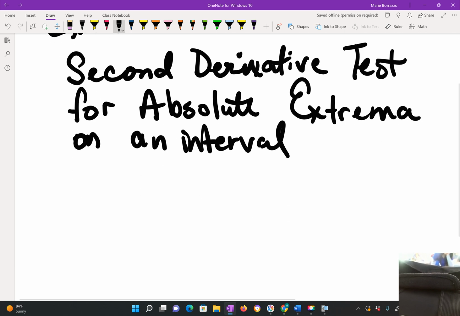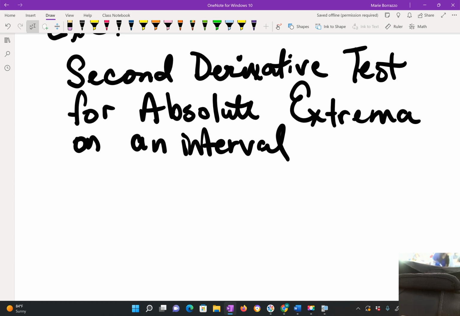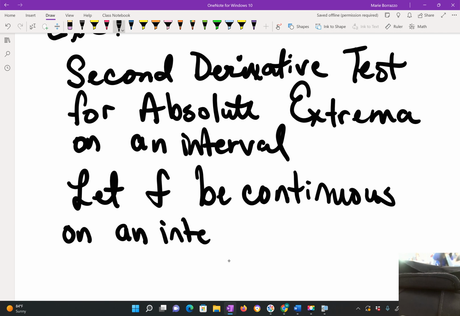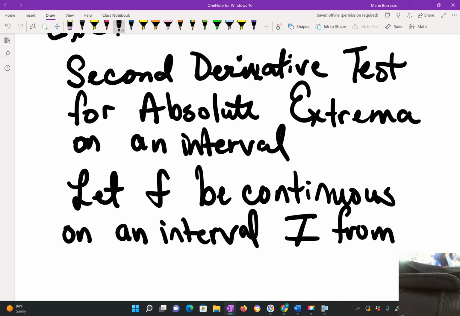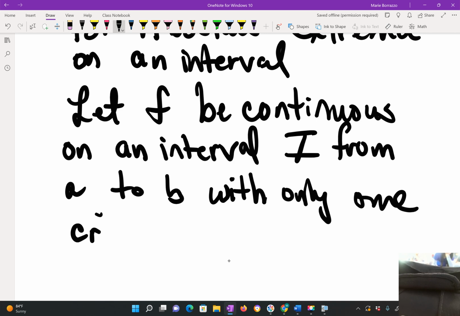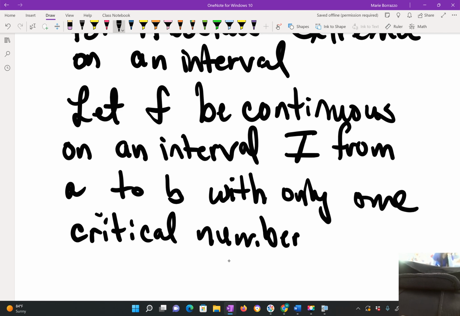All right, and so what it says in this particular theorem, it says let the function be continuous on an interval I from the interval a to b with only one critical number, or call it c, in the interval ab.